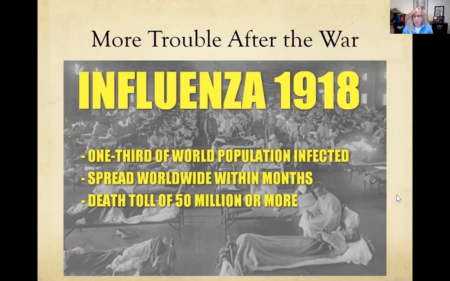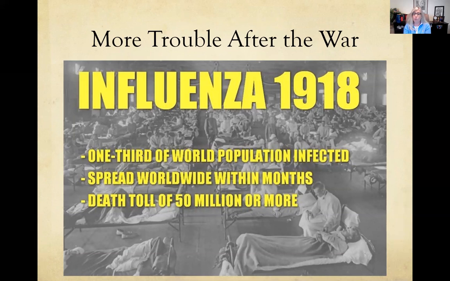If things could get worse, at the end of the war, the flu pandemic of 1918 breaks out, which is kind of timely since we're currently in a pandemic. This was the last pandemic that we had. And could the international nature of the war have helped to spread this flu virus? Sure.